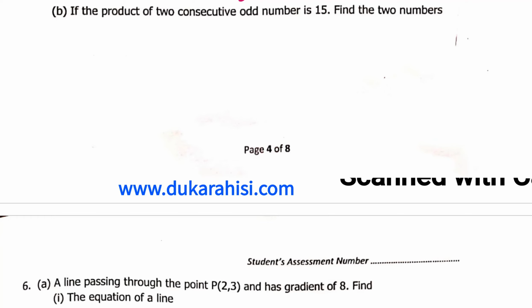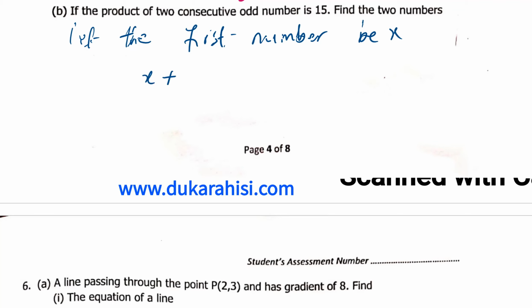Okay, so let the first number be x. Then the next number will be x plus 2, and the result is 15.